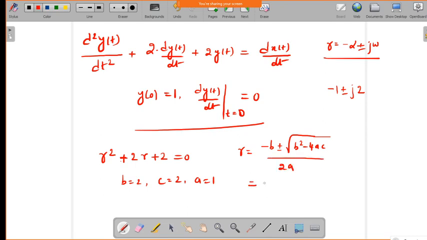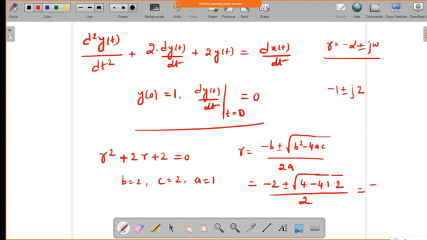So what is your b? It is minus 2, and plus or minus the square root of minus 2 squared is 4, minus 4 into a is 1, into c is 2, divided by 2. So what will you get?